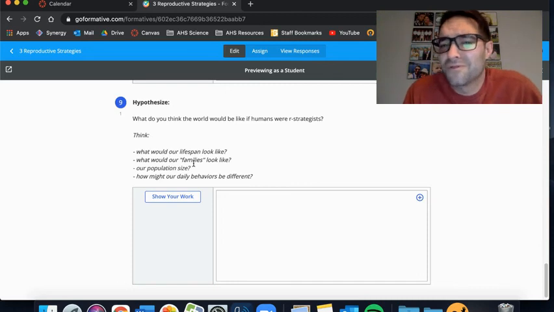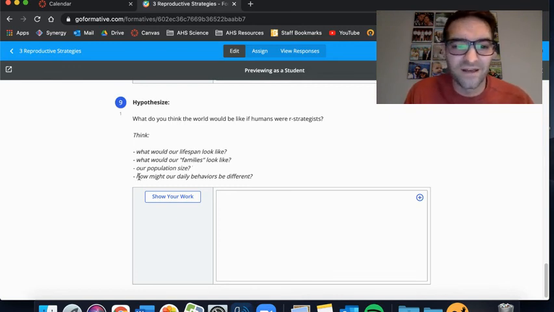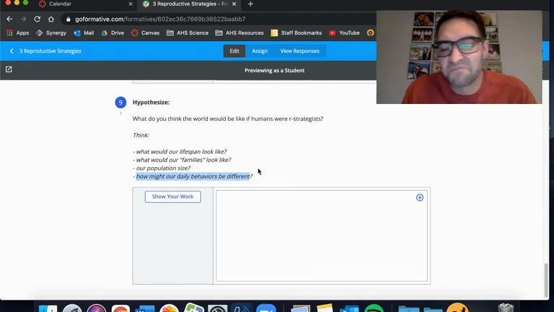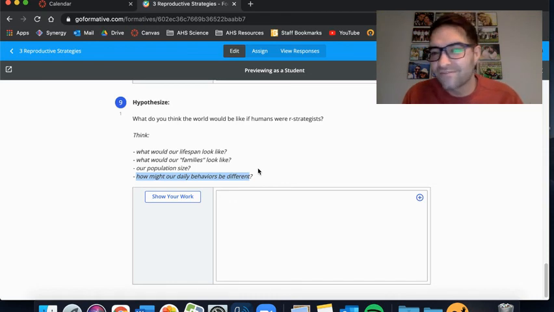Would we even really worry about a family, if you have these different characteristics? Would our social and political dynamics look similar? That ties into how our daily behaviors might be different. Right now we're living on average, I think it's 65 to 75 years.